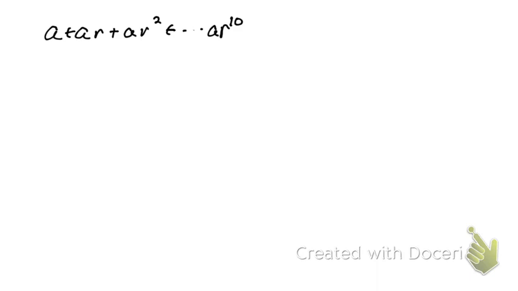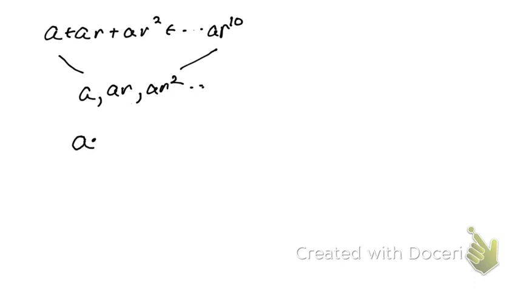So the first thing I want to do is come up with an equation that matches this sequence. I'm looking at the sequence a, ar, ar squared. I'm trying to create an explicit formula that copies this a, ar, ar squared, dot, dot, dot. Our explicit formula is going to have a in it every single time.